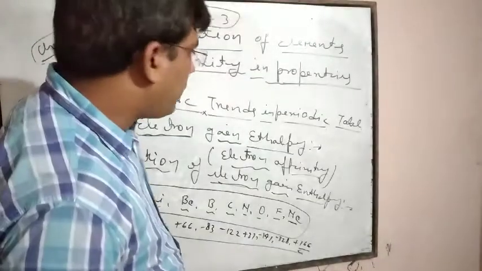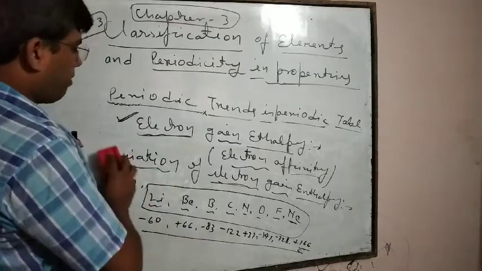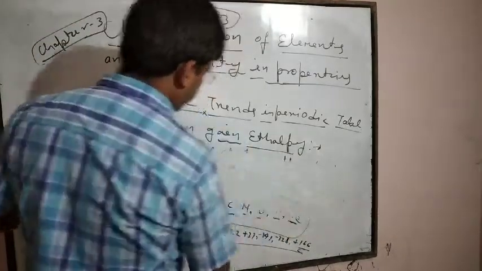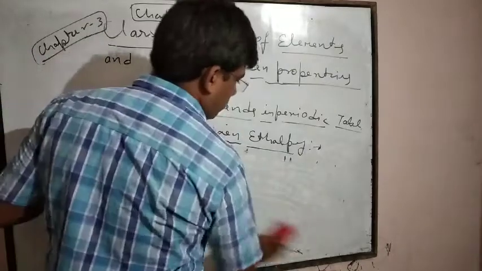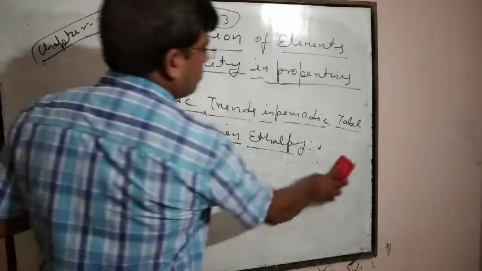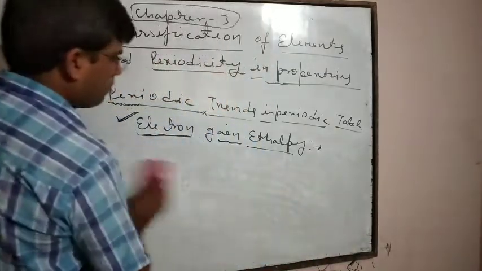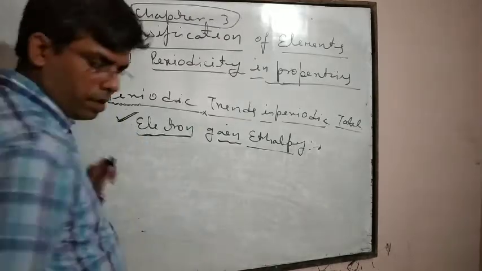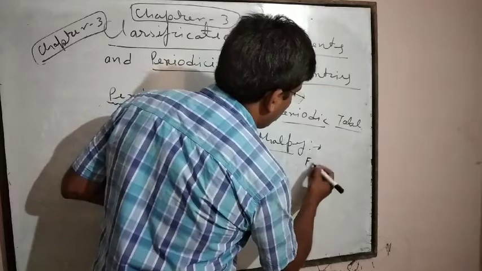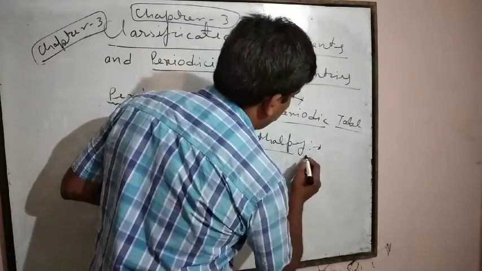Now, if we take group 17 elements: fluorine, chlorine, bromine, and iodine.